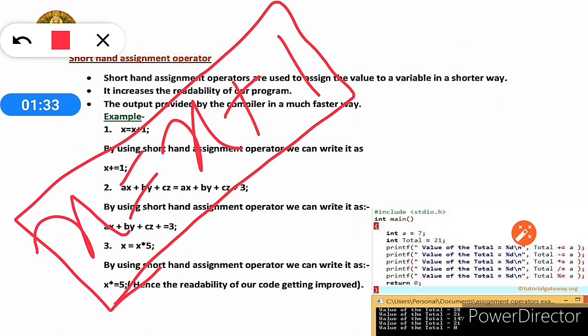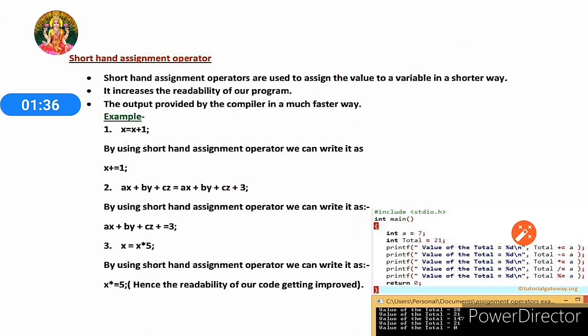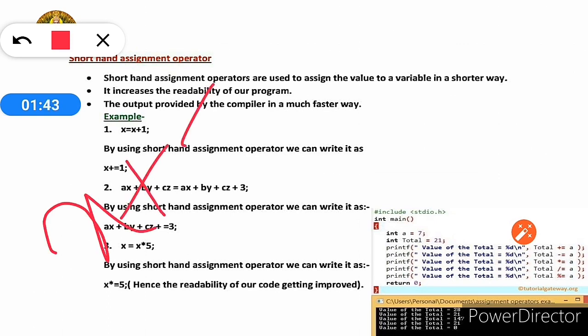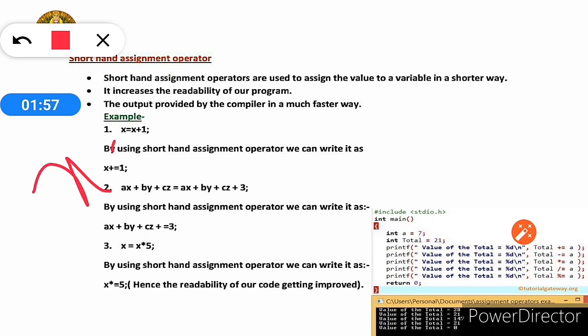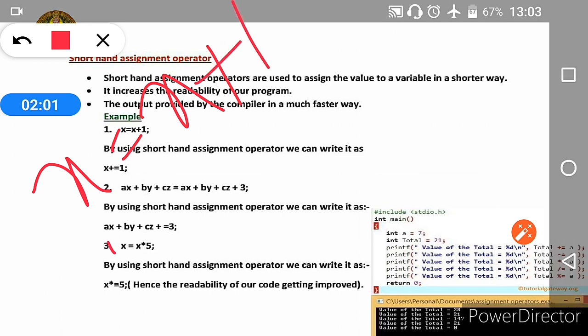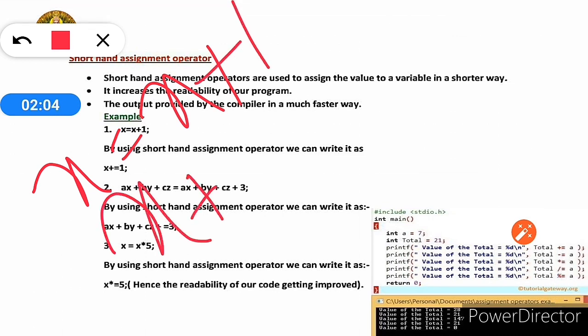So by using the shorthand assignment operator, we can write this as x plus equal to 1. Now a question to you: which one will you prefer, writing x equals x plus 1, or using the shorthand assignment operator and writing x plus equal to 1?